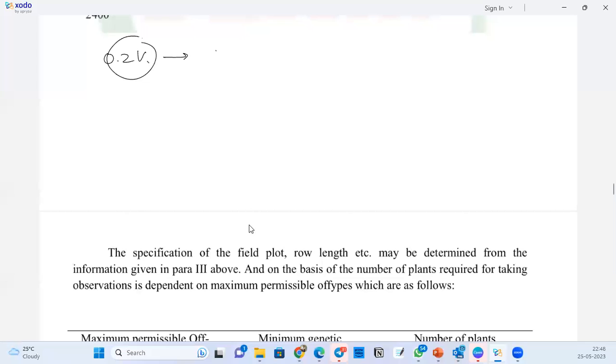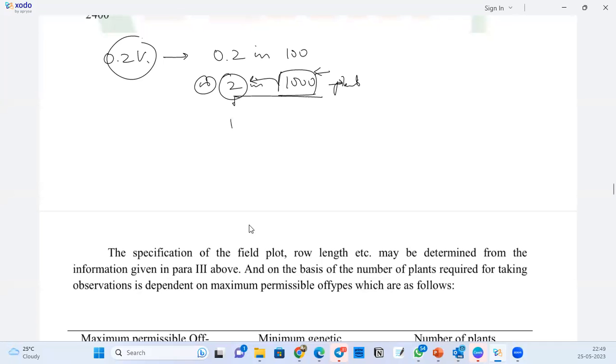So 0.2% is nothing but 0.2 in 100 or 2 in 1000. So at least we require 1000 plants to identify the two off types. So the total population should consist of at least 1000 plants to identify two off types.